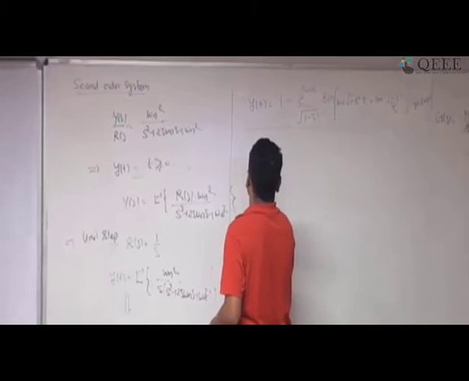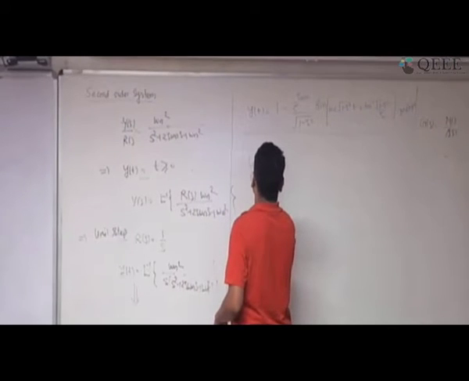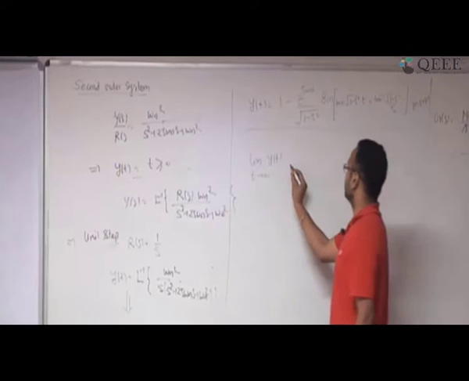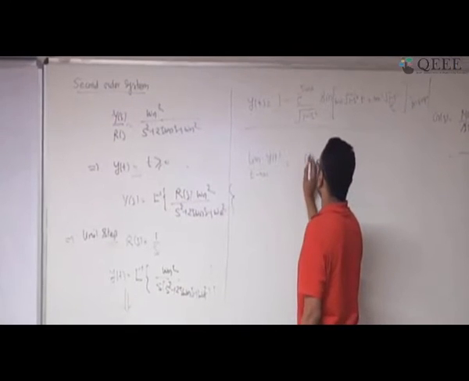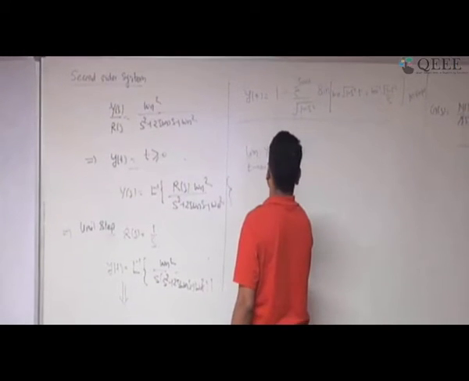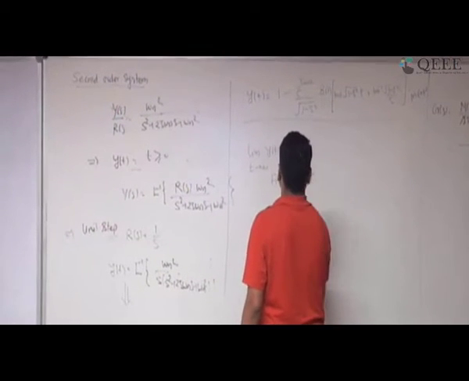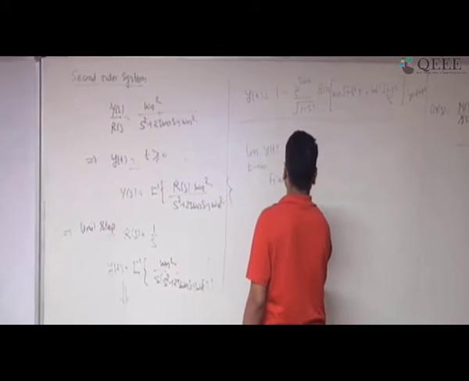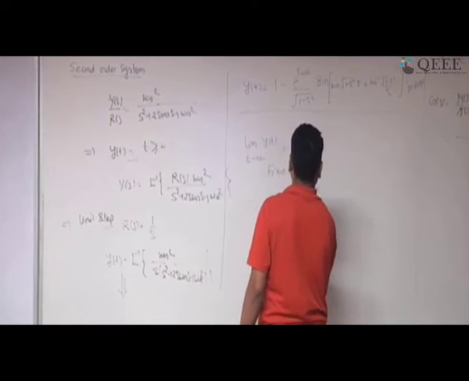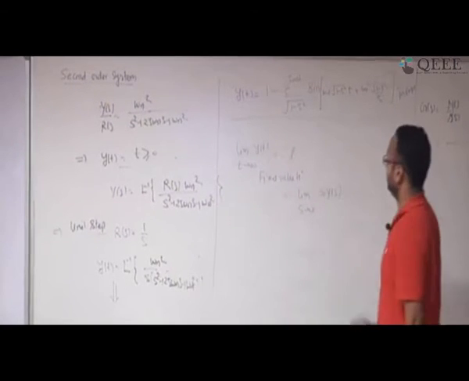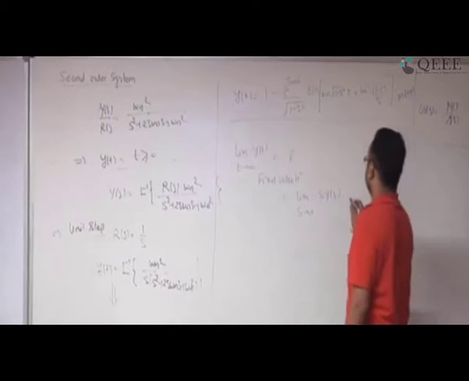One more aspect, as I mentioned last time, you also go for the steady state value, limit t tends to infinity of y(t). From the final value theorem, this is equivalent to limit s tends to 0 of s times Y(s).